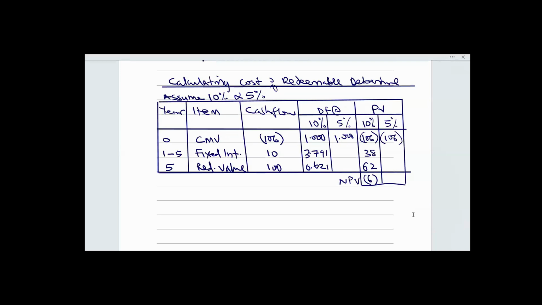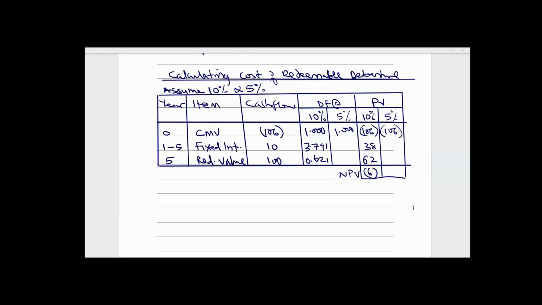Let me use my calculator. 1.05 raised to power 5 minus, equal, minus 1, equal, divided by 0.05, 4.329. Yes, here is 4.329.